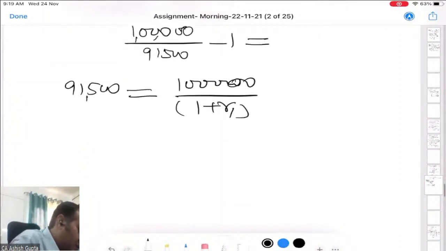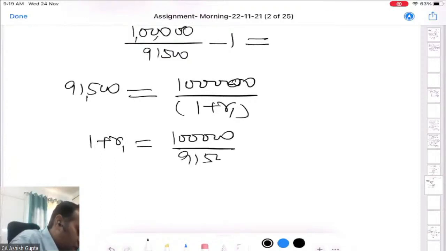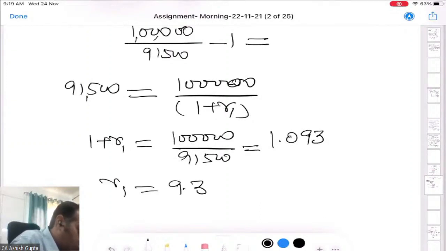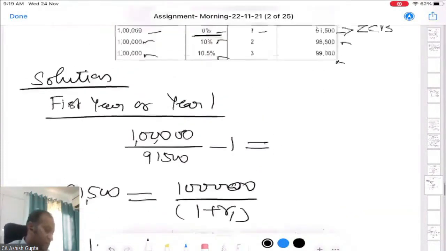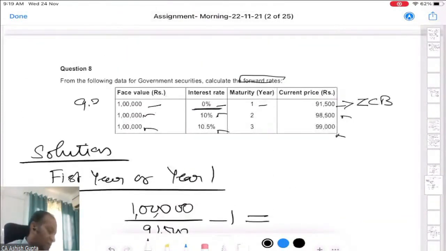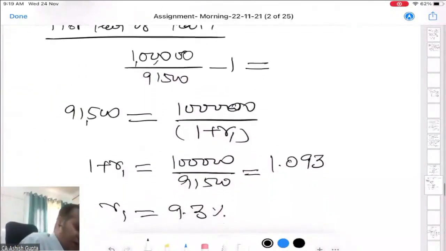Okay, so this rate comes, very simple. 9.3% will be the rate of interest, spot rate. Spot rate or forward rate, whatever you say.